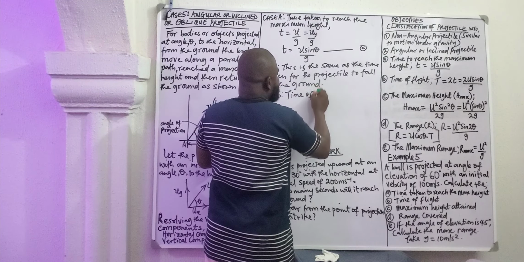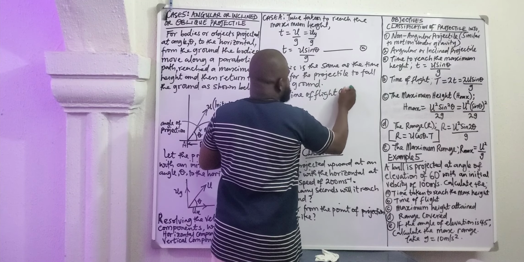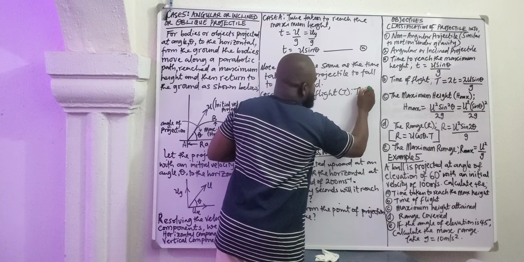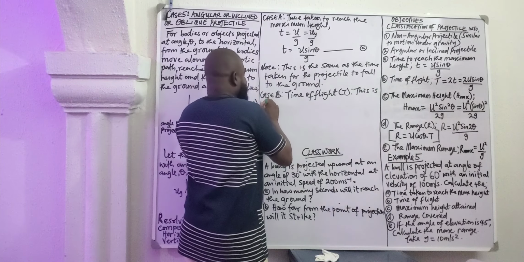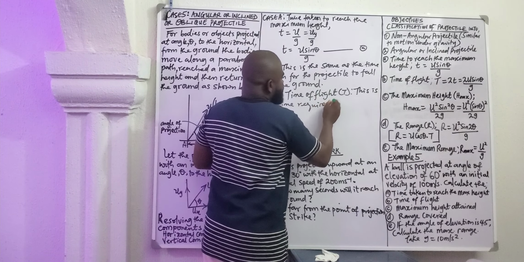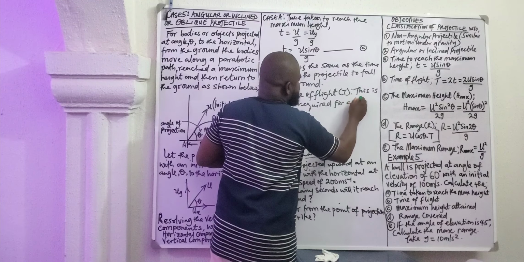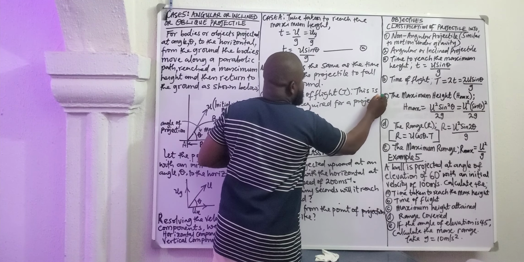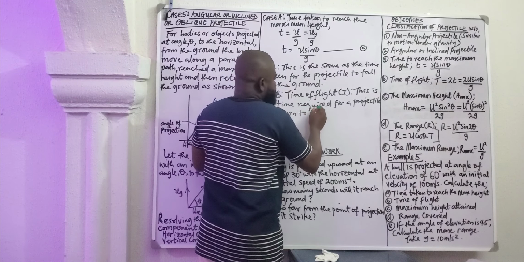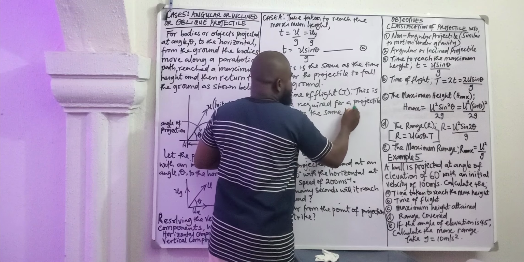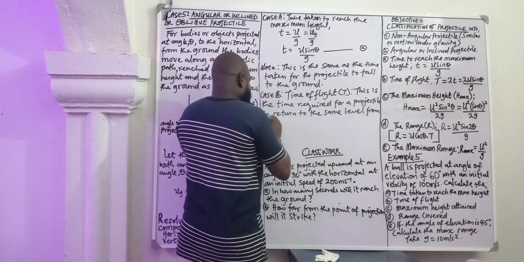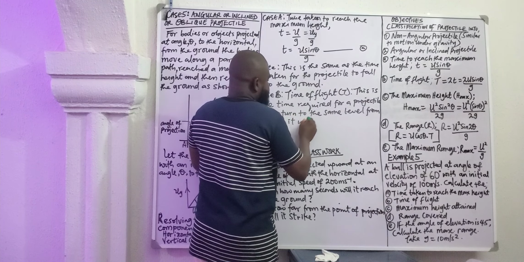Time of flight, which is capital T, is defined as the time required for a projectile to return to the same level from which it was projected.